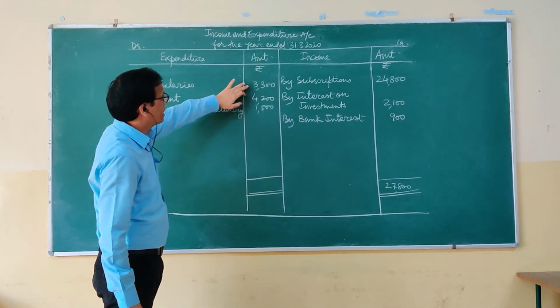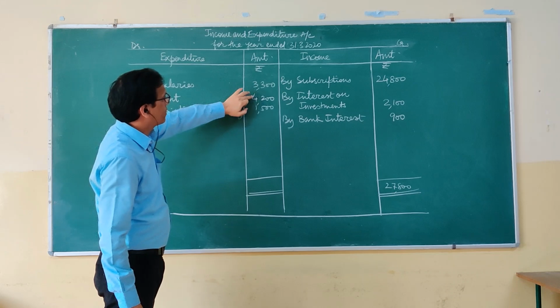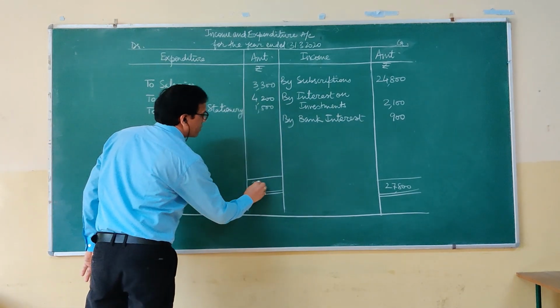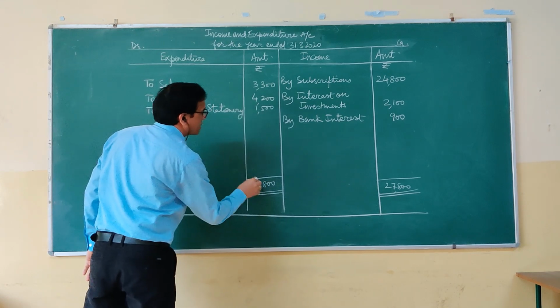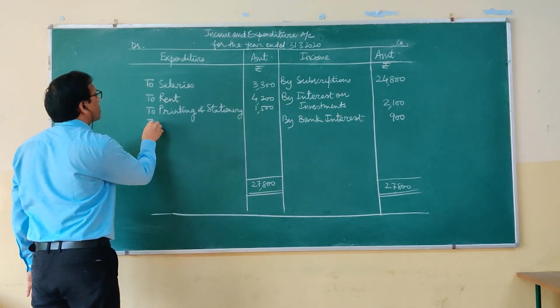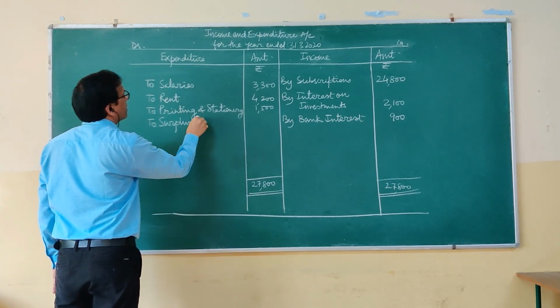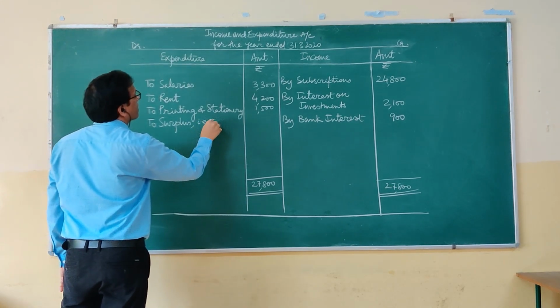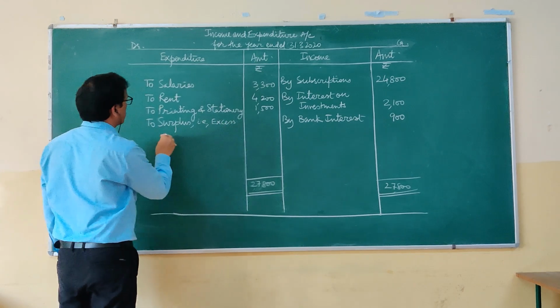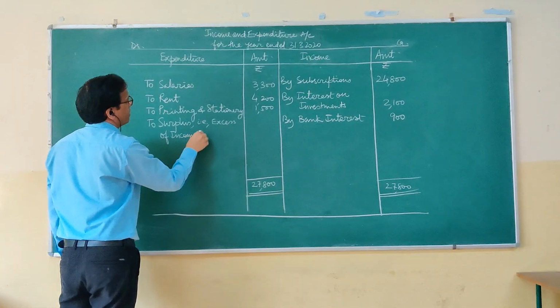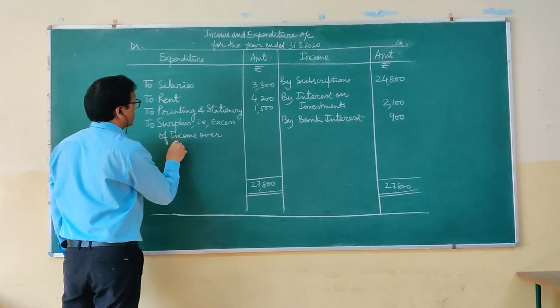So 3 plus 4, 7,500, it is 9,000. So 27,800 minus 9,000 will be our surplus. So we write it here as surplus, that is excess of income over expenditure.